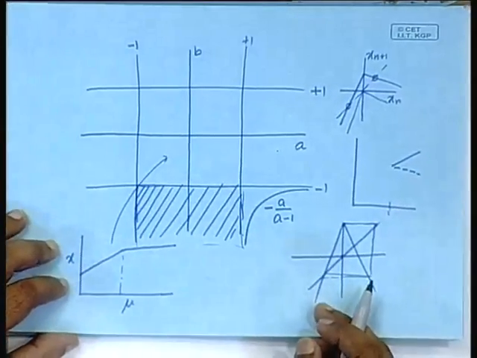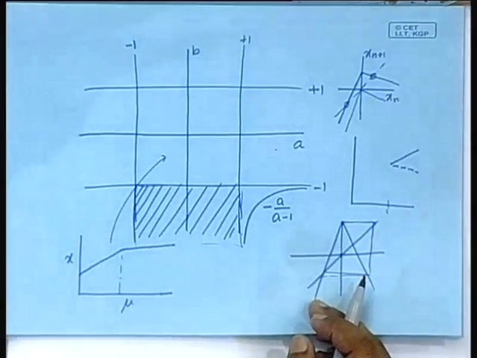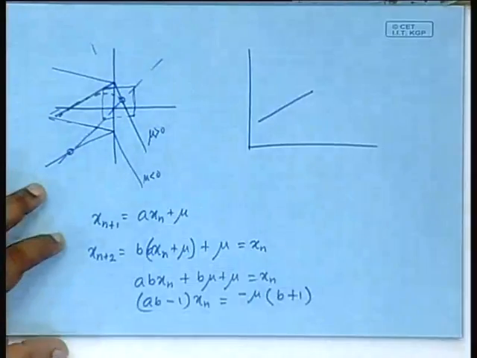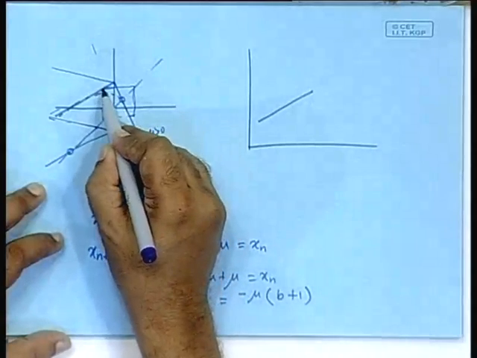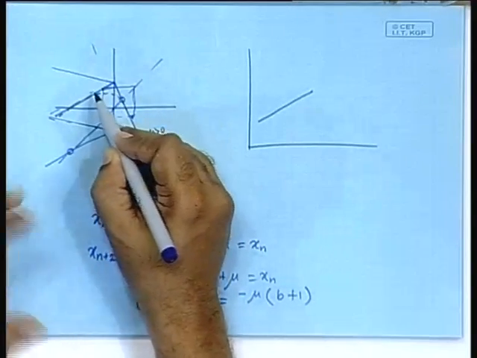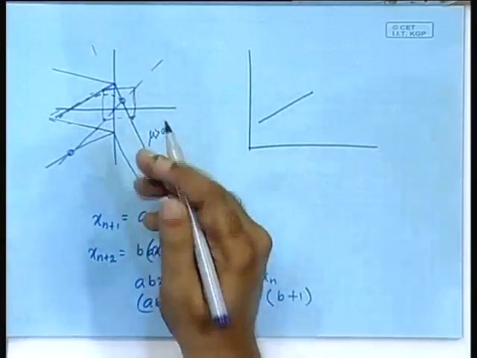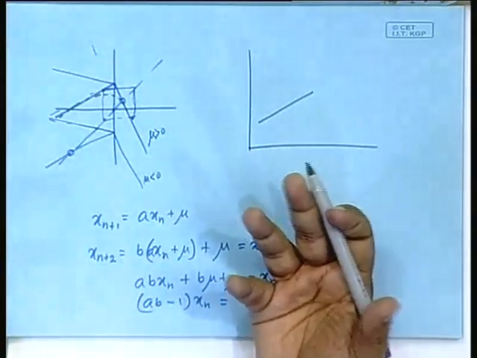But then will it be stable? What will be the condition for stability of the period 2 orbit? There is one iterate on the left side, another iterate on the right hand side. Here the slope is A, here the slope is B. Therefore, the slope of the period 2 orbit will be AB. So, in order for that to be stable, the AB magnitude has to be less than 1.